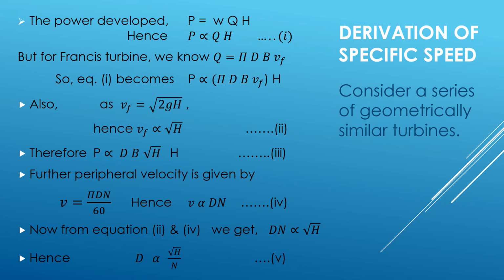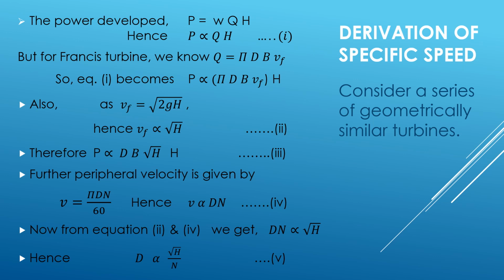For this, we'll consider a series of geometrically similar turbines. The derivation starts with the power equation P equal to WQH, where W is the specific weight, Q is the rate of flow, and H is the head of the turbine. Hence, P is proportional to QH.